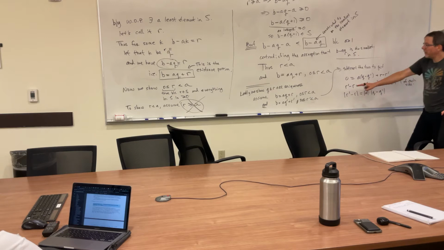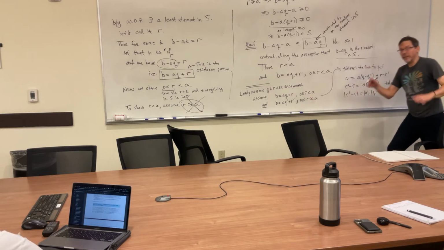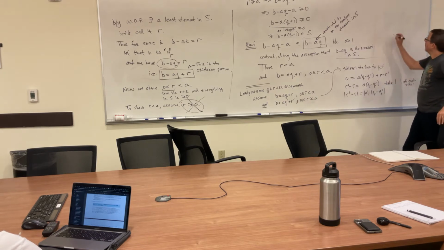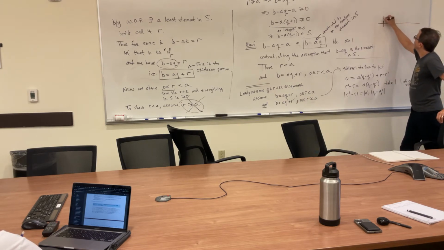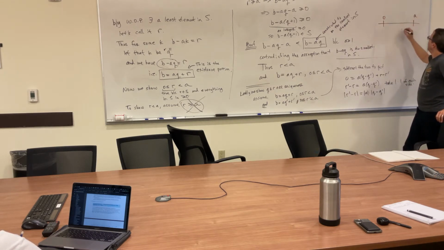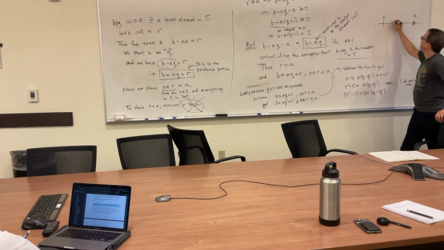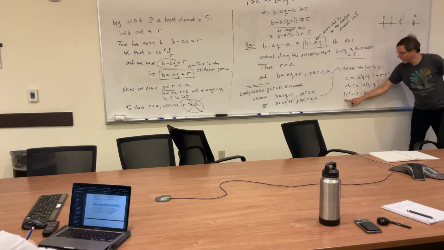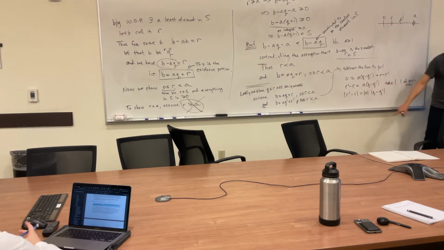So notice that R and R prime live between 0 and A, and they can't get to A. So let's just draw a number line here. Here's 0, here's A, and I'm gonna put a circle on that because I can't get there. And then R and R prime live in here somewhere. What is the greatest distance between those two? What is the most this could be?